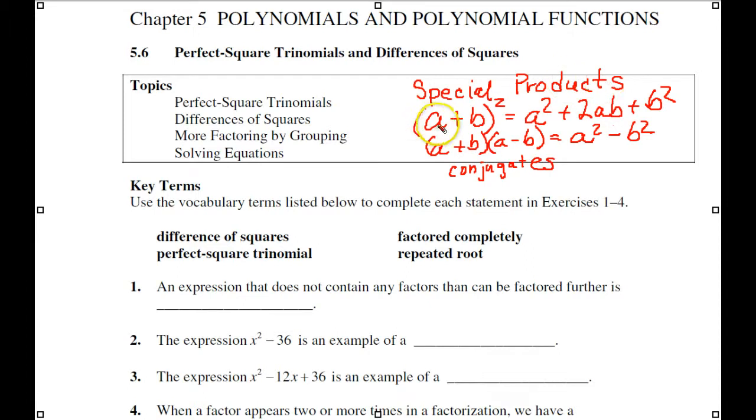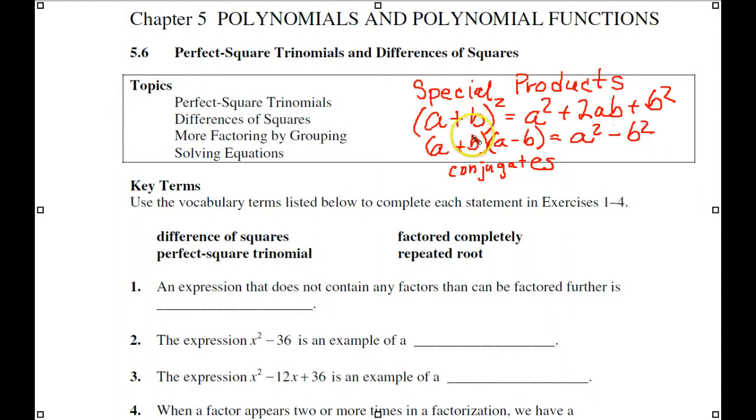That is, if we were squaring a binomial, we would square this term, multiply these two terms together, then double it, then square this term. This produced a perfect square trinomial right there.